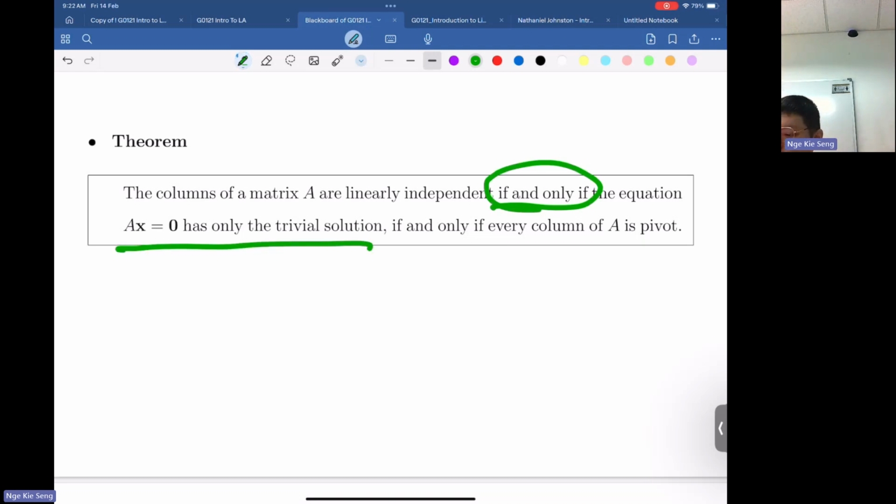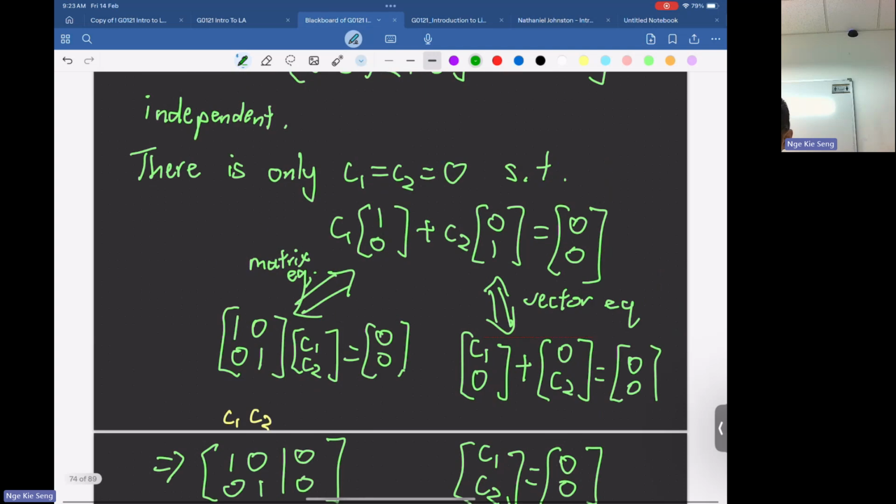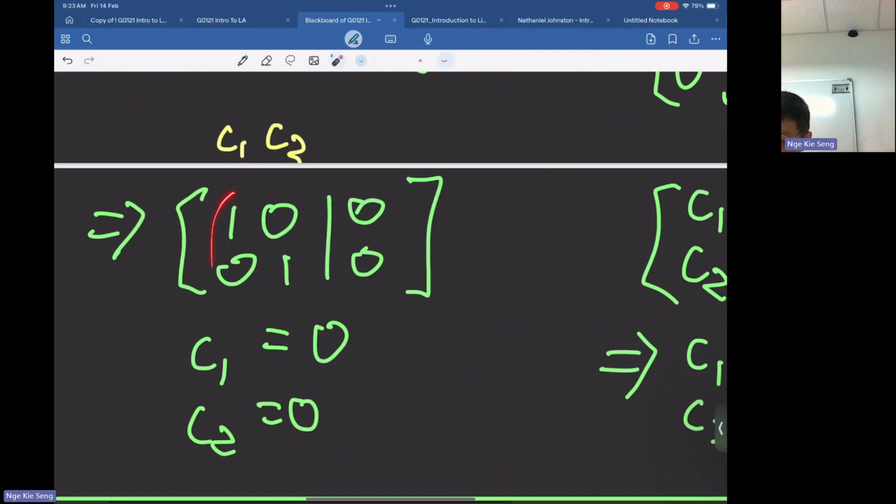What we did just now, every column of A is a pivot column. There are 2 columns here, and every column is a pivot.